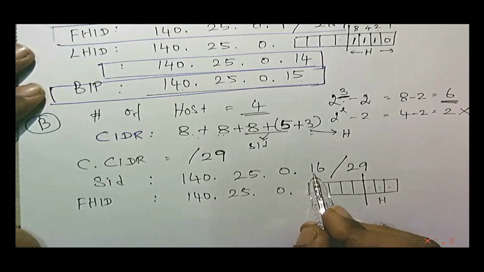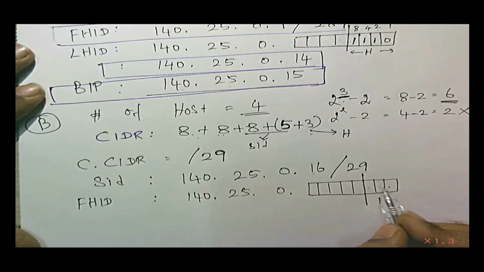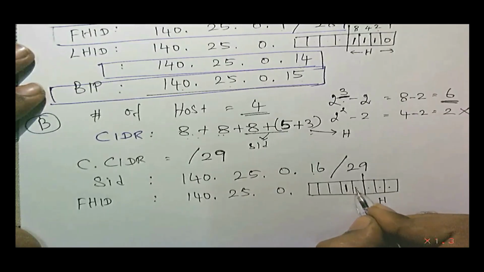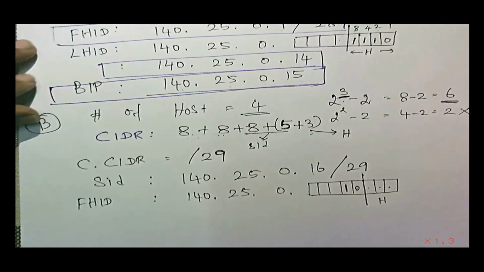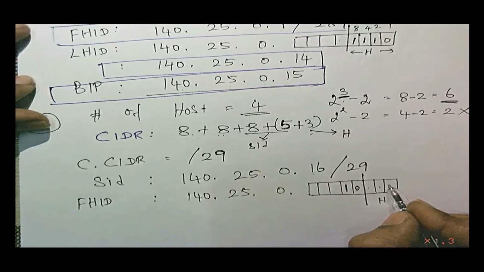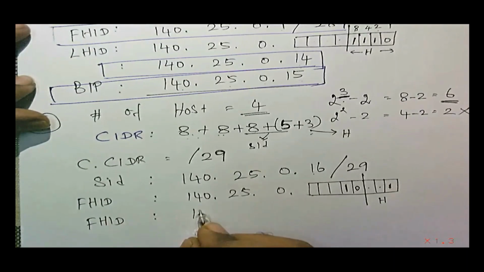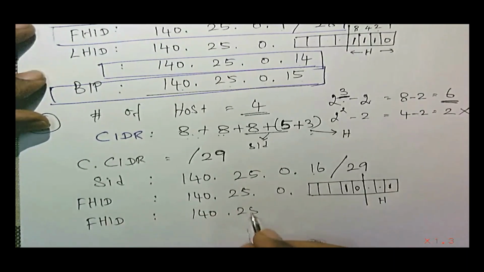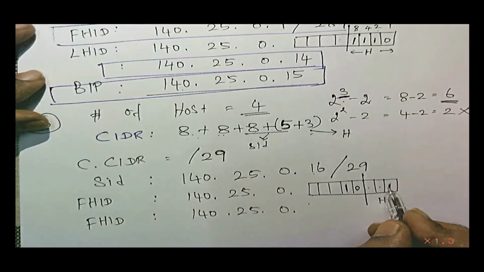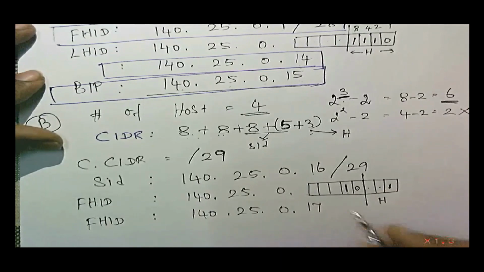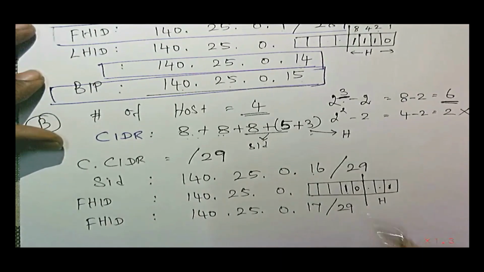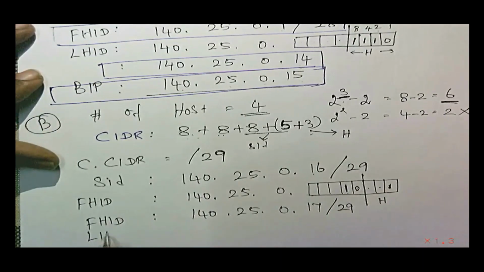Already there is a 16 available here: 1, 2, 4, 8, 16. You have to make the host part 1. So the first host ID is 140.25.0, and it is going to be 16 plus 1, which is 17, so 17 /29.